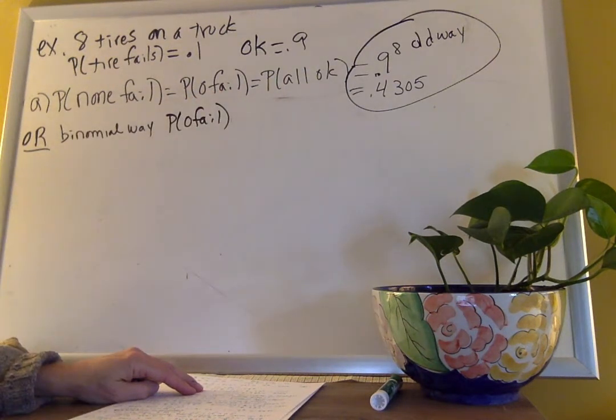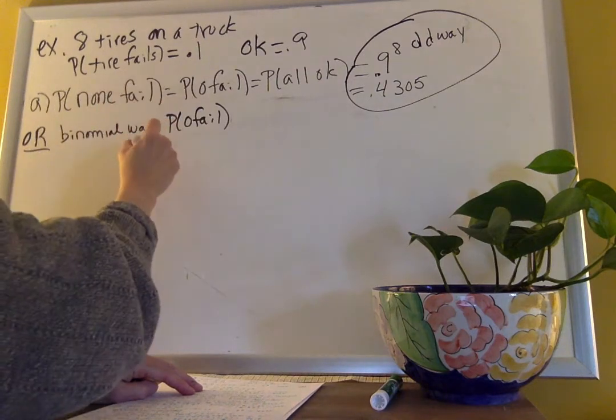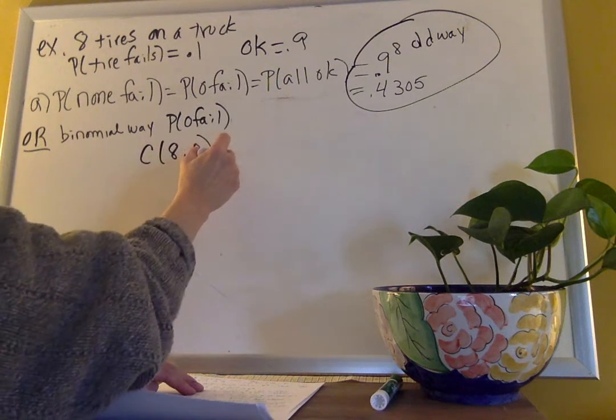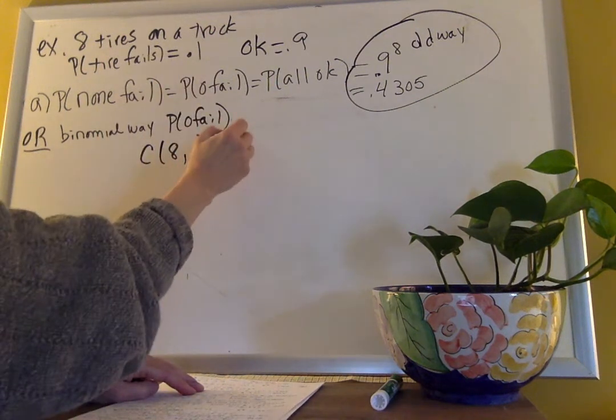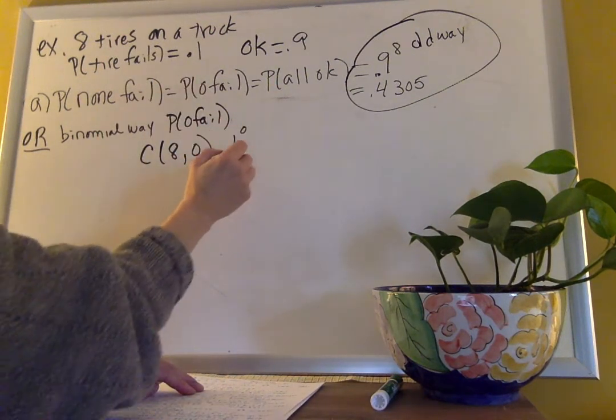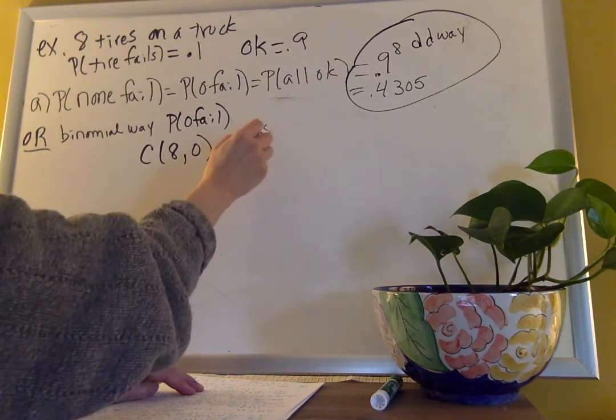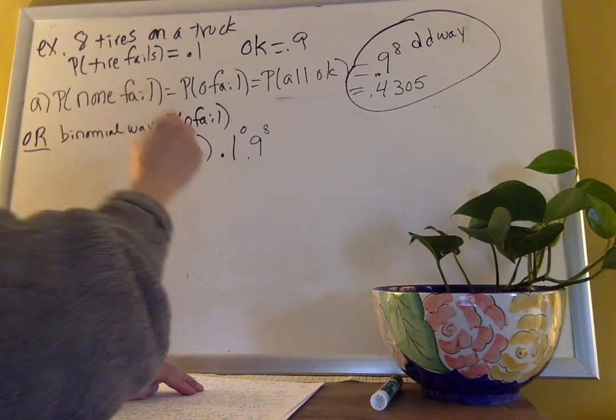The only advantage to the binomial in this case is that the binomial can handle the 0. So out of 8, I need to pick 0 to fail. Probability of fail is 0.1. Probability of okay is 0.9, so that means I have to have 8 of them okay.